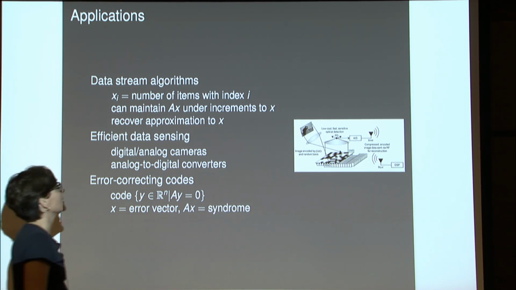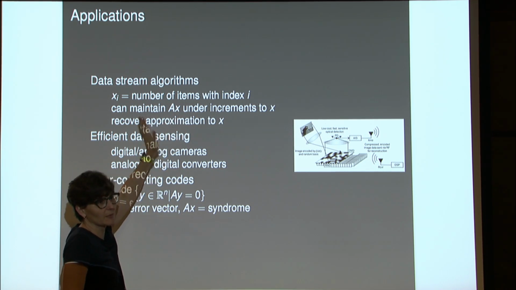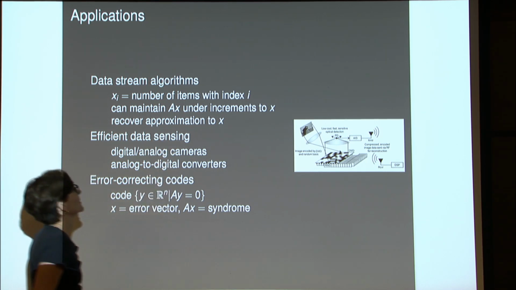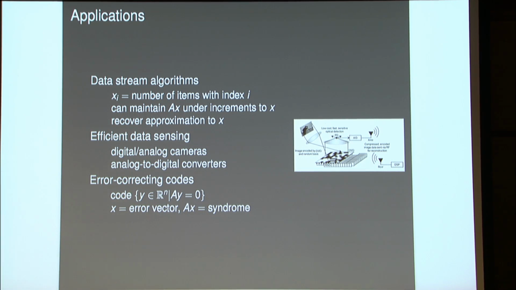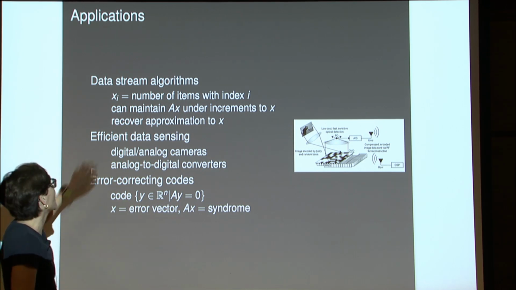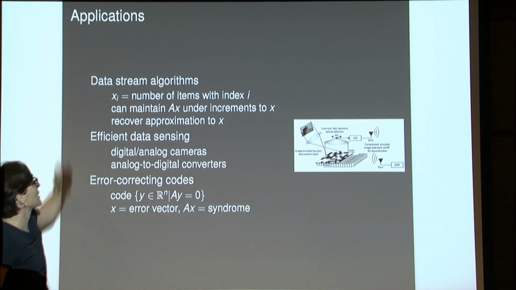So if I change x, it's easy to change the measurements A times x, because matrix-vector multiplication is linear. Whenever I see an increment to x_i, it's easy for me to adjust my measurements. And then you ask, can I recover an approximation to x? In particular, can I recover the heavy hitters in x, or who's making the longest phone calls every day on a telephone network? Okay, so that's a digital application.